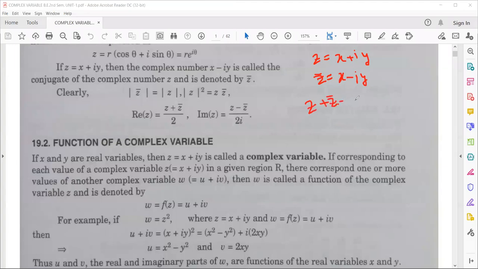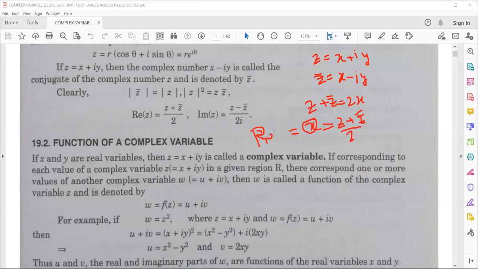So if you add these two, Z plus Z conjugate is nothing but twice x, since iy will cancel out. So x is equal to Z plus Z conjugate upon 2. And this x is called the real part of a complex number.